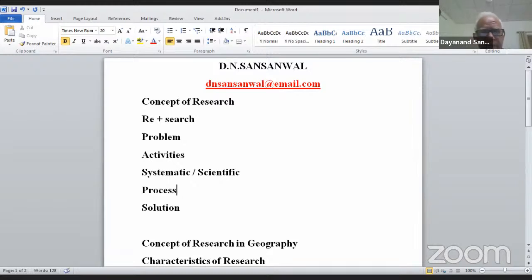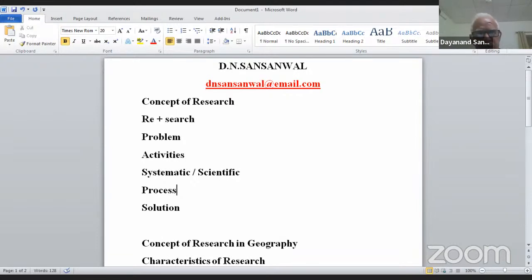Now in the morning, when you get up and you brush your teeth, brushing teeth is a process. Because you take your brush, you wash it, you put paste on it, you take it in your mouth, you move here and there, take it out, wash and wash your hand. So these are the activities you are doing in a particular sequence. Now when you prepare tea, preparation of tea is a process.